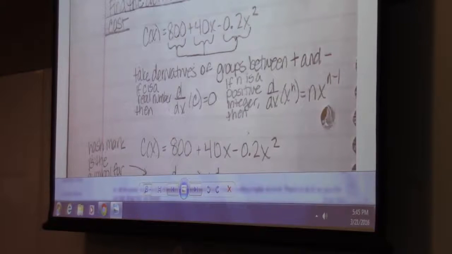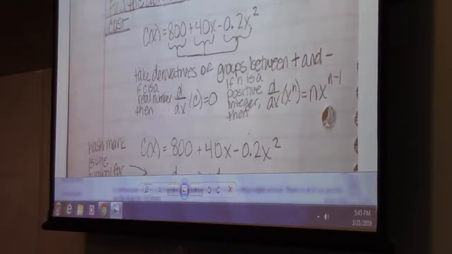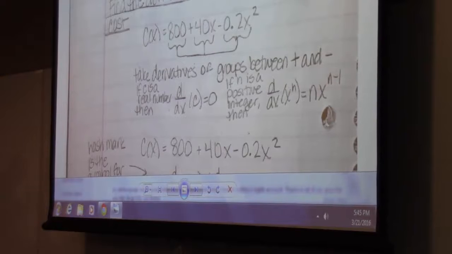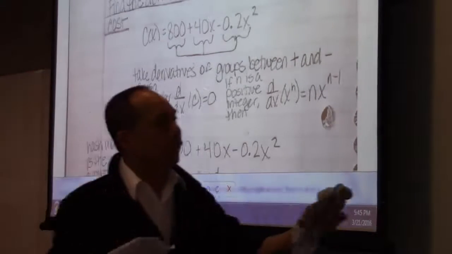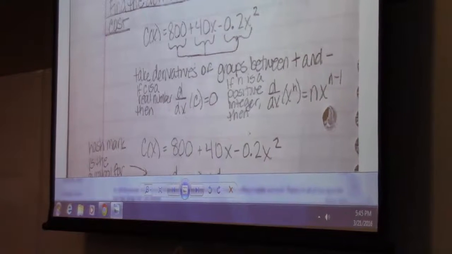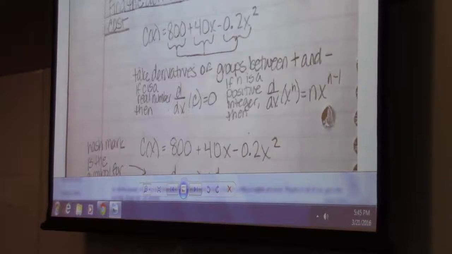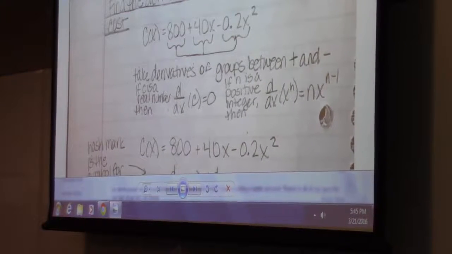What is the number? That's 30. No, 34. So if you would like to present this, you need to note number 34. Number 34, they said, find the marginal cost.